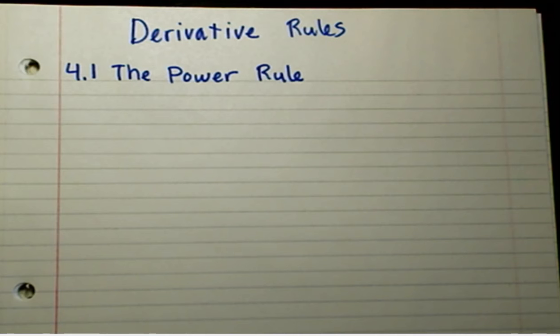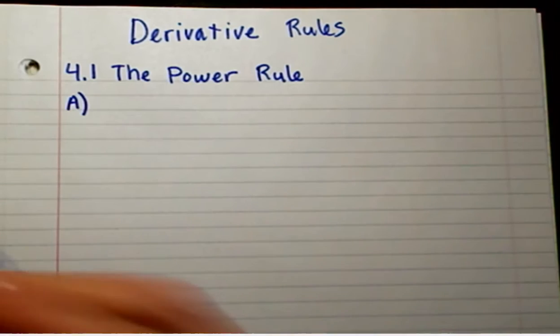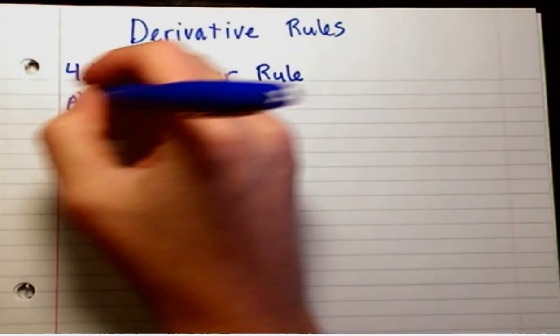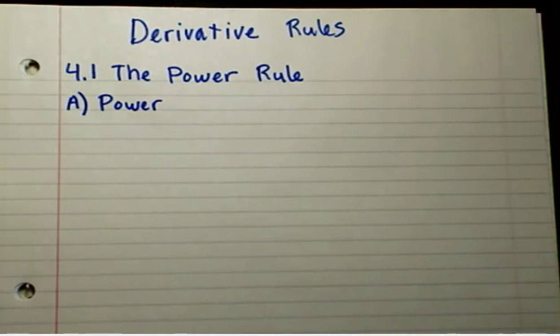We don't do log derivatives. We don't do E derivatives, okay? We do power rule derivatives. So the first thing we're going to do is just write down the power rule in a couple different formats so you can recognize it, and then we'll do some examples, okay?